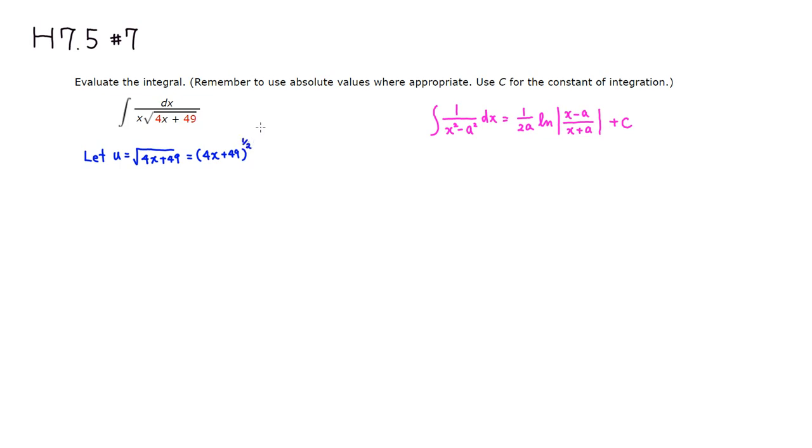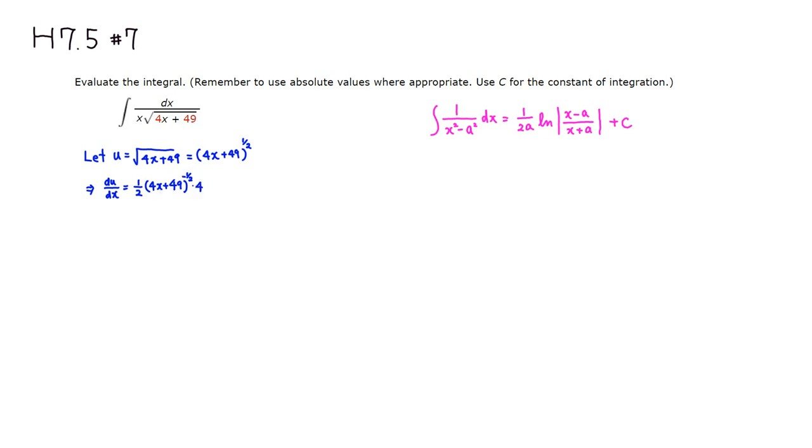Let's take the derivative of u. The derivative of u with respect to x is a power rule: 1/2 in front, keep the inside function as it is, 4x plus 49, and subtract 1 from the power, so it's negative 1/2. Then we multiply by the derivative of the inside, which is 4.